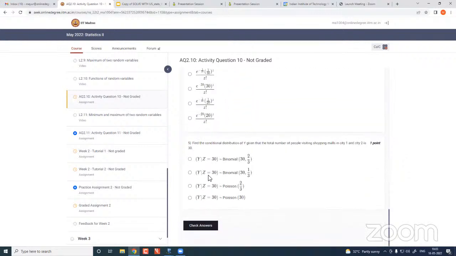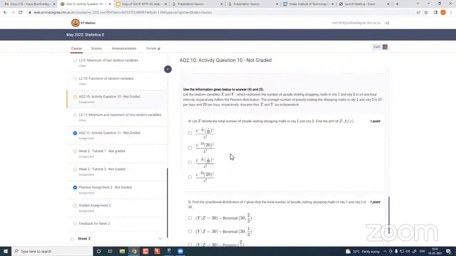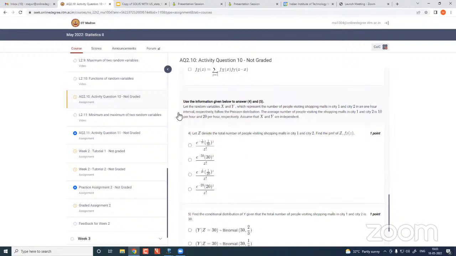Sir, in the same activity, the fourth one from the last. The random variables X and Y represent the number of people visiting shopping malls 1 and 2. Both X and Y follow a Poisson distribution, with parameters 10 for the first city and 20 for the second. These are lambda 1 and lambda 2, and X and Y are independent.